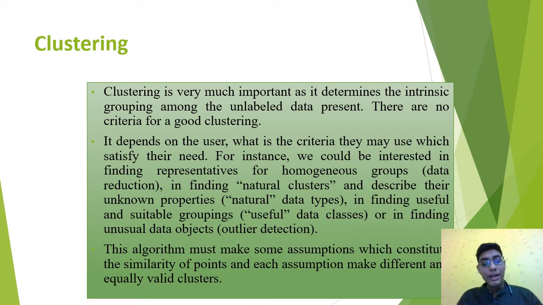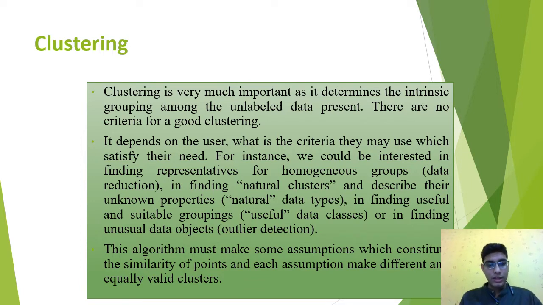Then it depends on the user what criteria they may use for satisfying their need. For instance, we could be interested in finding representatives for homogeneous groups (data reduction), in finding natural clusters and describing their unknown properties (natural data types), in finding useful and suitable groupings (useful data classes), or in finding unusual data objects (outlier detection). So basically, this is the thing.